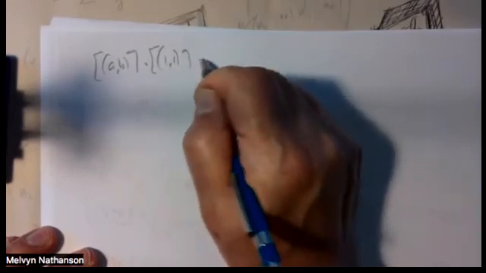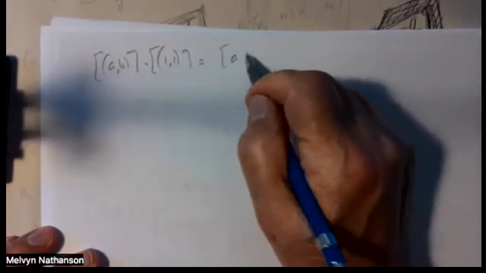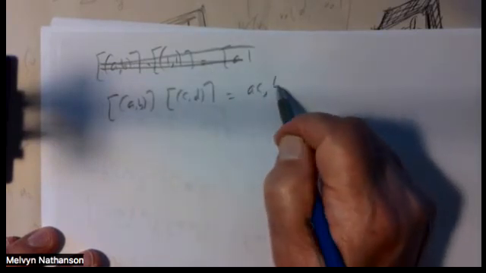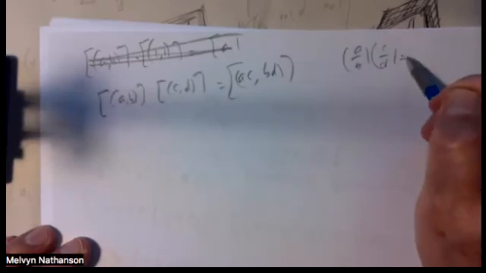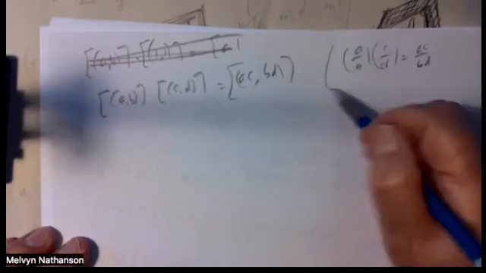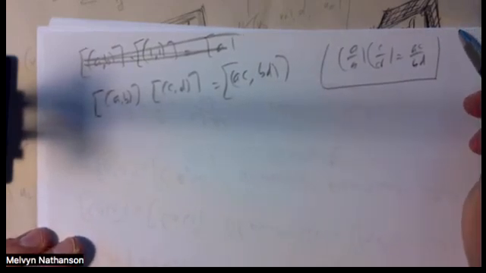If I take (A,B) and multiply it by the class of (1,1), this is the class of (A times 1, ...). The way we're defining multiplication is (A,B) times (C,D) is (AC,BD), just like in elementary school, A over B times C over D is AC over BD. So that's the model that we have in mind.